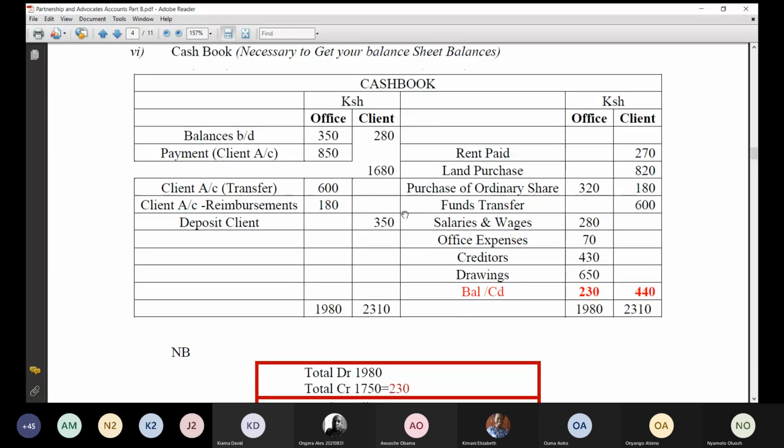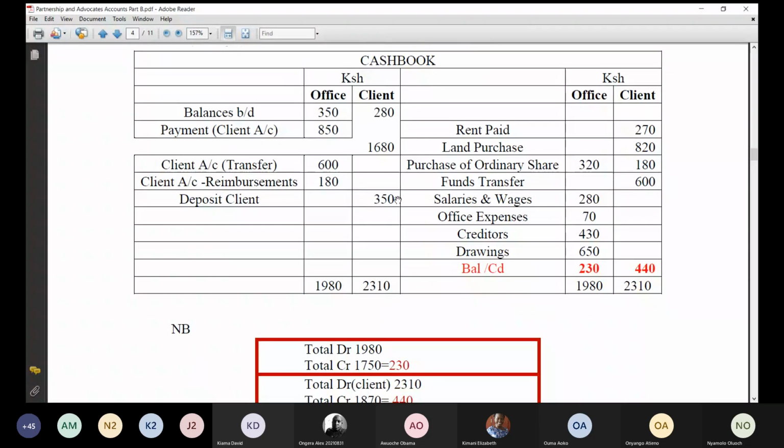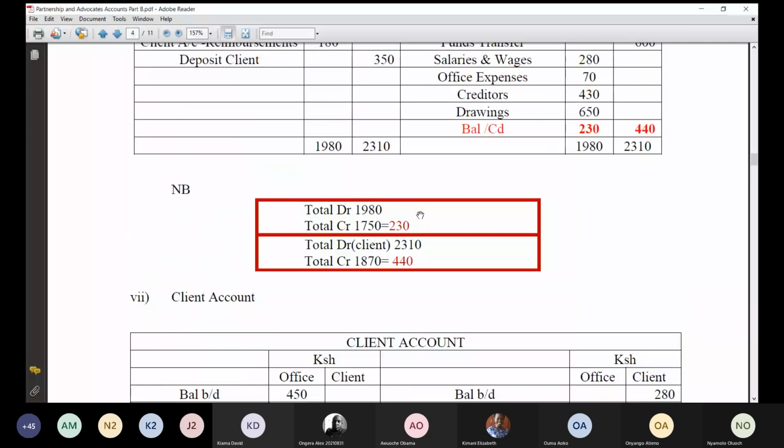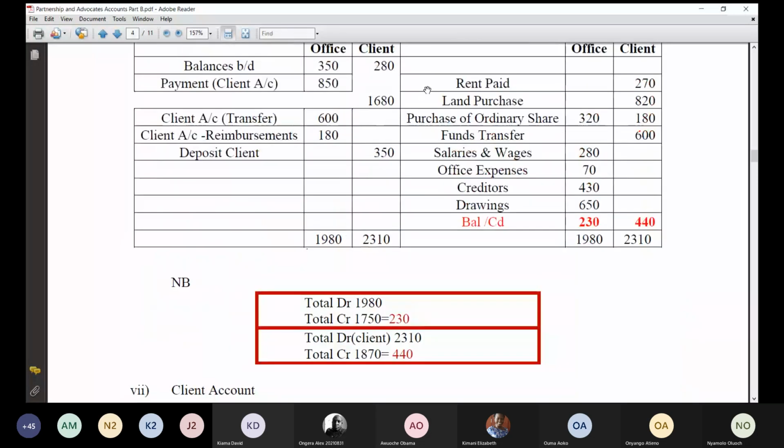So, in our cash book, we have debited our cash book and credited the client account. Our cash book is the receiver. You remember where we said loosely that you debit the receiver and you credit the giver.